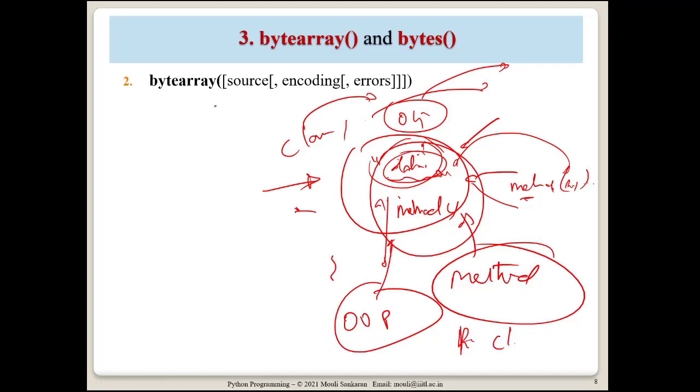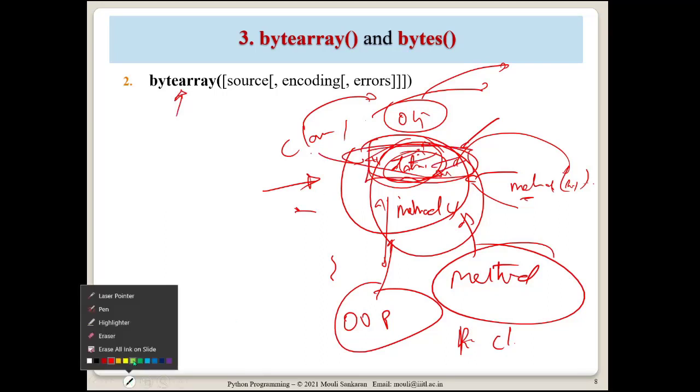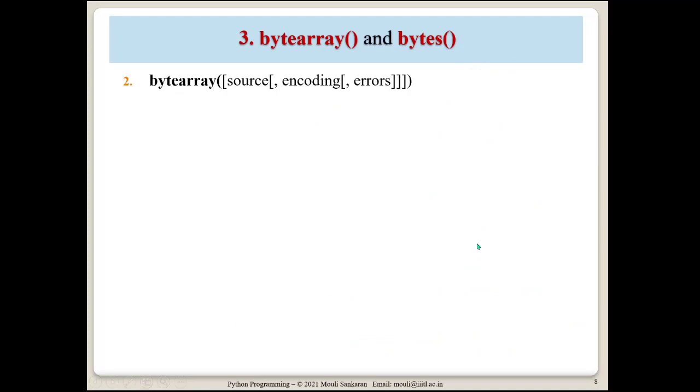But if you want to do it most efficiently, what you are doing is actually operating on this memory area, which is only a small portion of the data area, right? So if you want to do it directly on those memory areas, there are some memory views, and then byte arrays. Bytes are all different ways of looking at the actual content of those objects, how they are laid out in the memory.